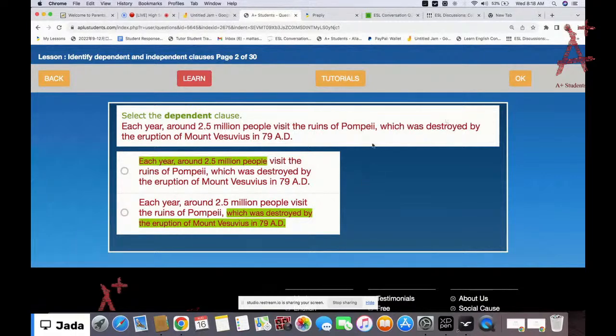Note that it's not only subordinating conjunctions, we also have relative pronouns. Each is not part of the subordinating conjunction, but we have the which here, which is the relative pronoun. So which was destroyed by the eruption, this should be the answer.